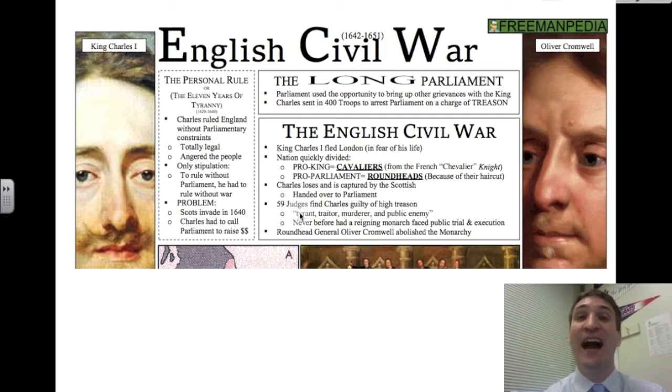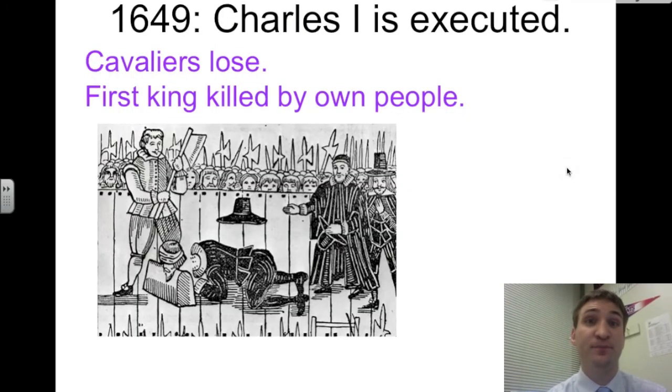They say he is a tyrant, a traitor, a murderer of the people, and a public enemy. And he is beheaded. Never before had a reigning monarch faced public trial and execution in Europe. This was a big deal. And the Roundhead general, this man, Oliver Cromwell, abolishes the monarchy and he takes over England.